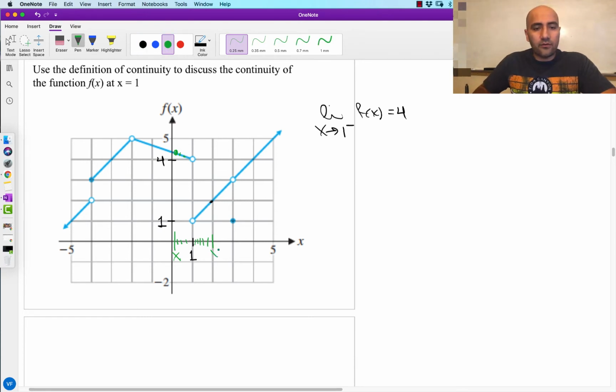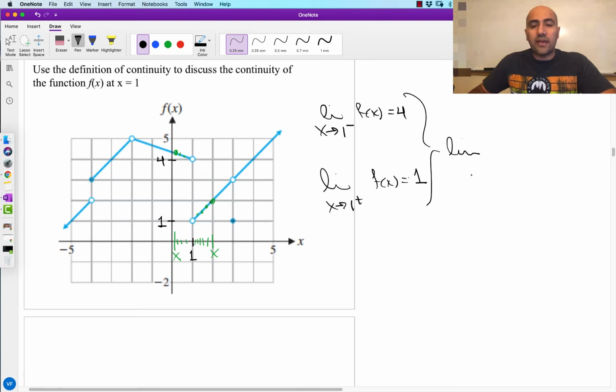This output value there leads to a point there, and then it gets closer and closer to 1. So the limit as x approaches 1 from the right-hand side of f of x equals 1. Combining those two, they don't match. They both exist, but they don't match. So I cannot bring them together into one big happy unrestricted limit.